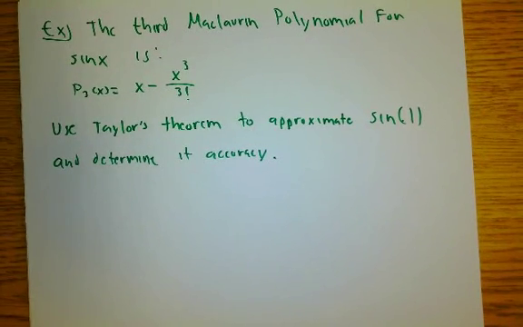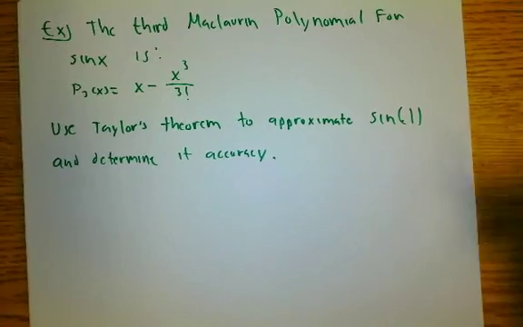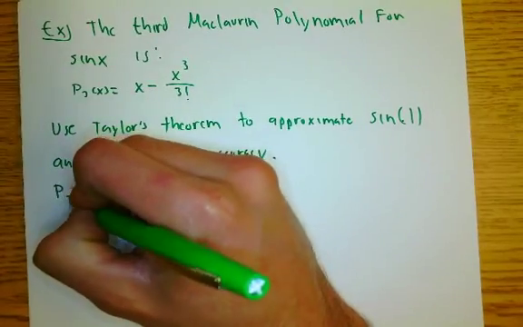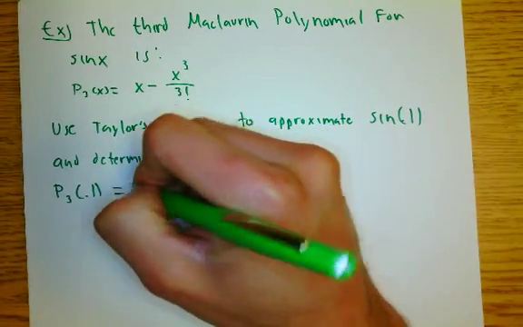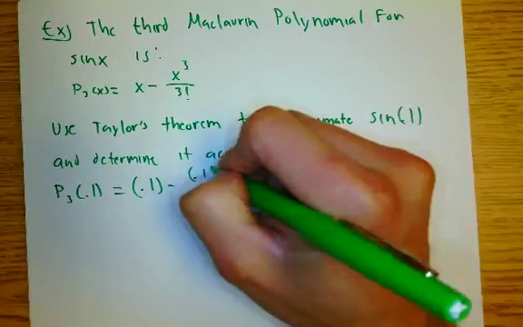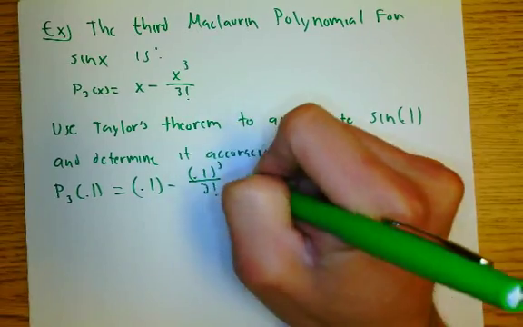So if we want to find the approximation, all we got to do is what? Plug it in, right? So the third degree polynomial here of 0.1 is going to be equal to 0.1 minus 0.1 to the third power over 3 factorial. So use your calculator to find out what that would be. On this, remember how in this class we always round to 3?